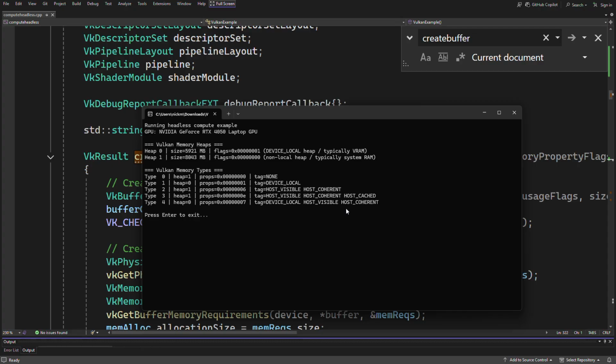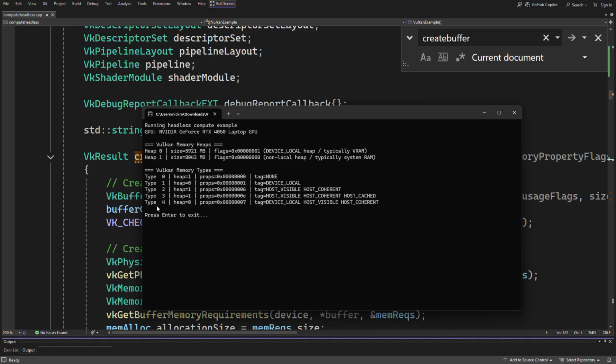But similarly, you have physical memory, right? Device local and system RAM, but then you put restraints on how this memory is partitioned and dealt with, right?